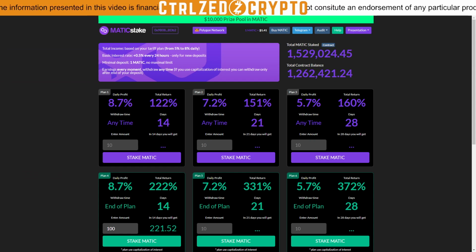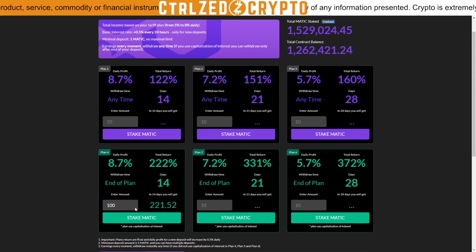Basically, you've got 6 different plans. You've got your lowest plan. These 3 plans across here are withdraw anytime plans, and you can see the total return is lower if you're given the option to withdraw anytime. And these 3 plans are your locked-in contracts, where you stake a certain amount, and at the end of that lock-in time, assuming there's money left on the contract balance, you can get that money back.